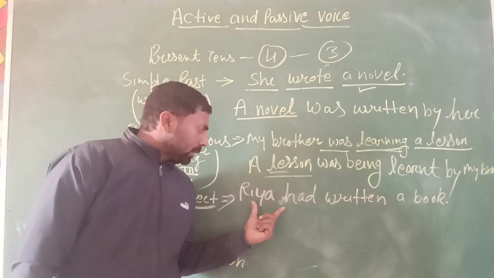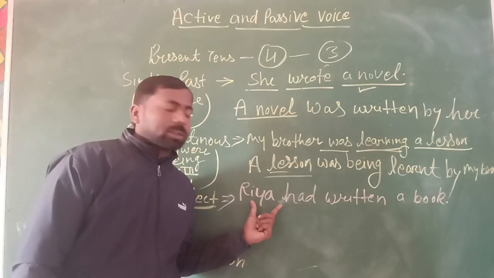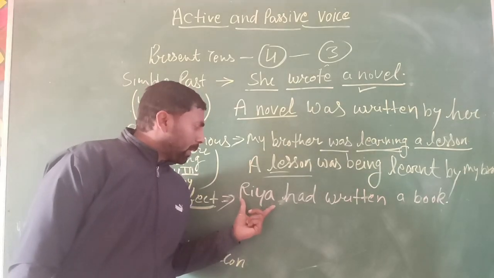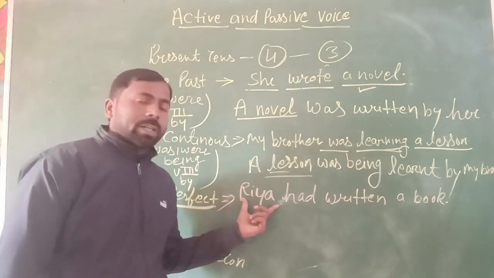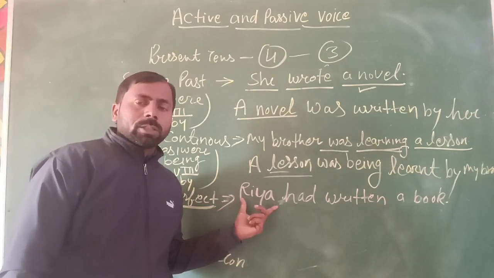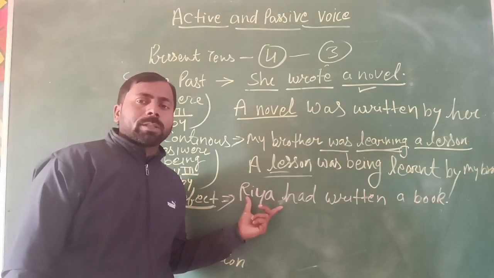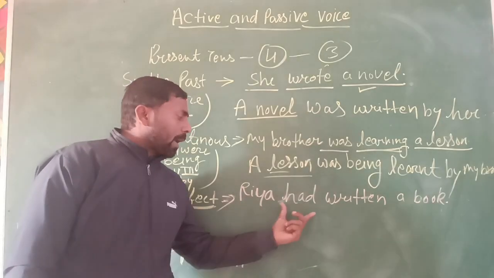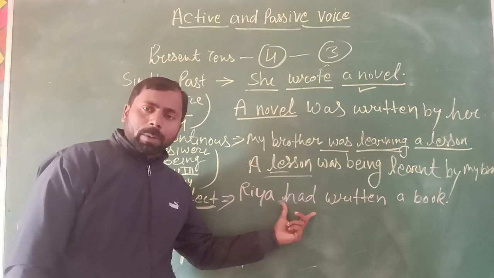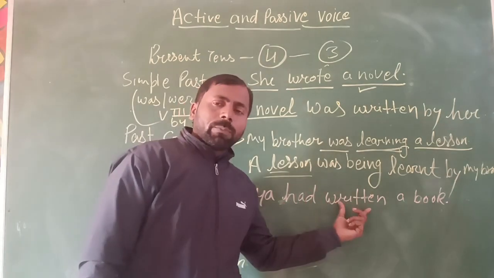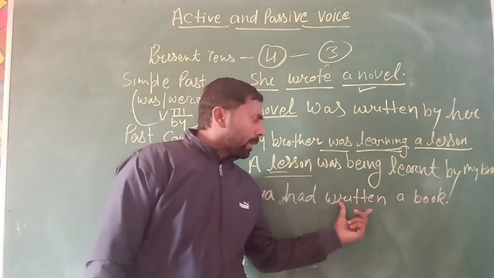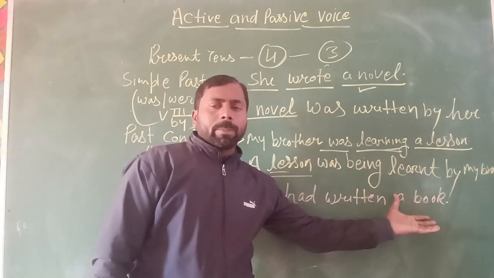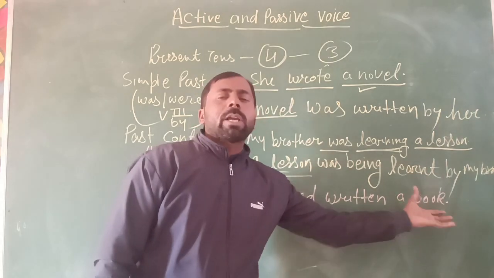It is a sentence of past perfect tense. You can see here the subject is Riya, had is a helping verb of perfect tense, written is the third form of the verb, and here the object or complement is a book.